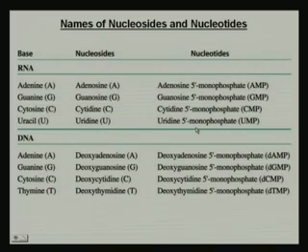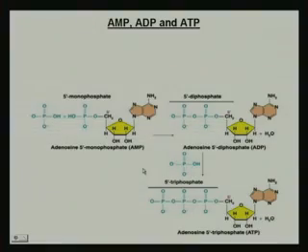When we are naming the nucleotide, it is deoxyadenosine 5 prime monophosphate or dAMP, deoxyguanosine 5 prime monophosphate, deoxycytidine 5 prime monophosphate, deoxythymidine 5 prime monophosphate. So, these are the names based on the type of molecules we are discussing. These are the nucleotides and nucleosides and the differences between them.